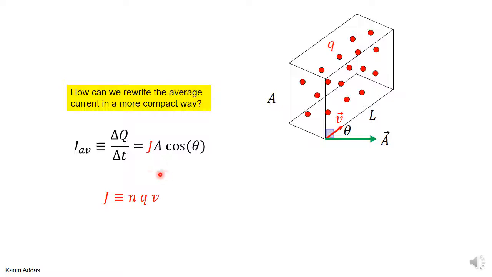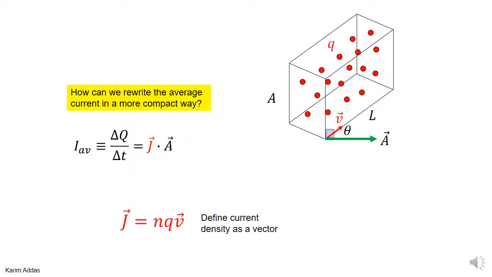So why don't we elevate j from being a scalar quantity to being a vector? Let's define J to be nqv, but with v as a vector, not the scalar magnitude. So now J has a vector nature, and you can rewrite the average current as J dotted into the area. Get the J vector, get the area vector, and take the dot product, and that will give you the average current through the surface.